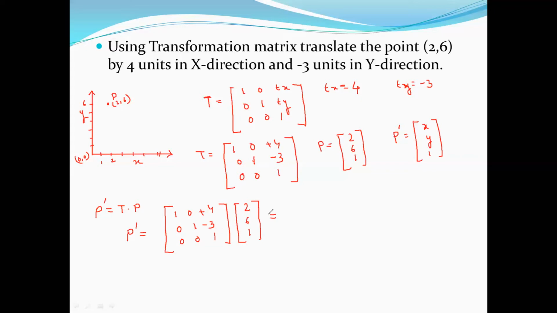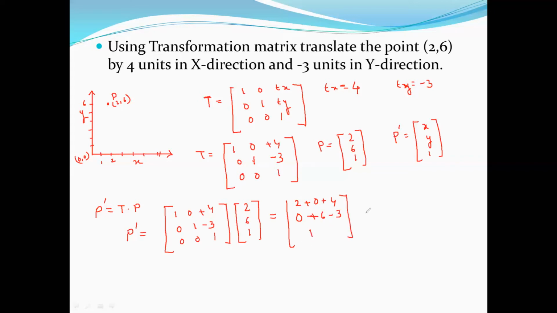So if you now perform the matrix multiplication, you can see that the answer will be 1 into 2, 0 into 6, 4 into 1, fine. So it will be something like that, 2 plus 0 plus 4. For the next one, it will be 0 plus 6 minus 3, and the last one will be 1.